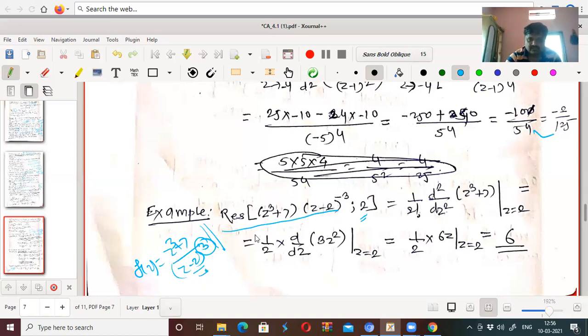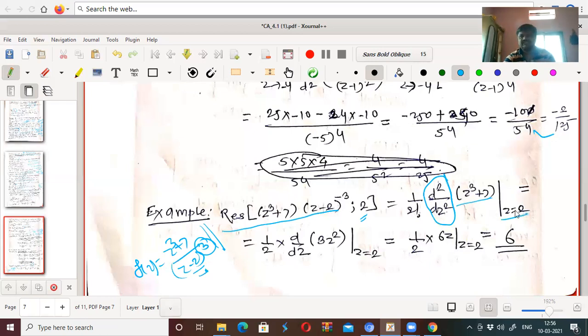And therefore, for a pole of order 3, the residue is equal to limit as z tends to z0, that is limit as z tends to 2, 1 upon 2 factorial, since 3 minus 1 is 2 factorial, second derivative of this function multiplied by z minus 2 to the power 3. So we get 1 by 2 times the second derivative of z cube plus 7 at z equal to 2.